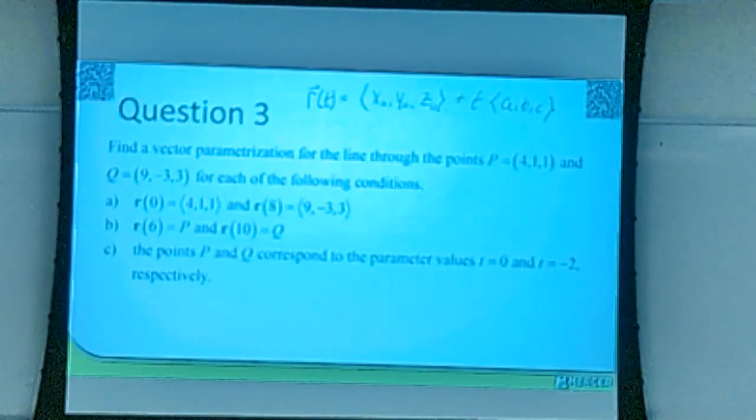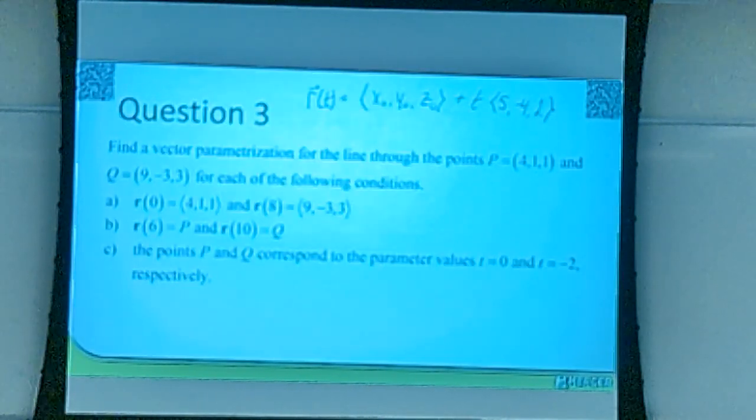Well, our direction vector would have to be PQ. 9 minus 4 is 5. -3 minus 1 is -4. 3 minus 1 is 2.